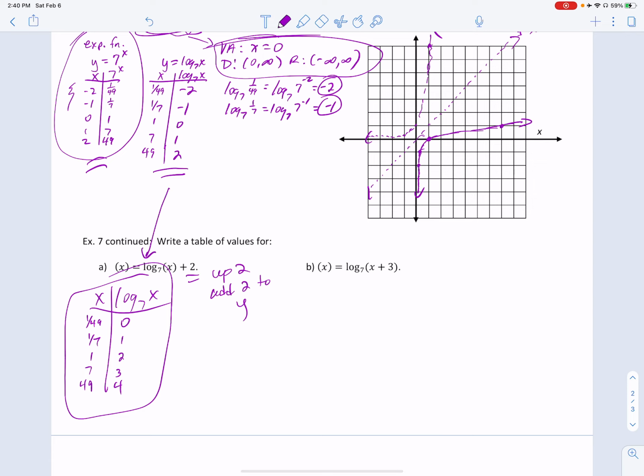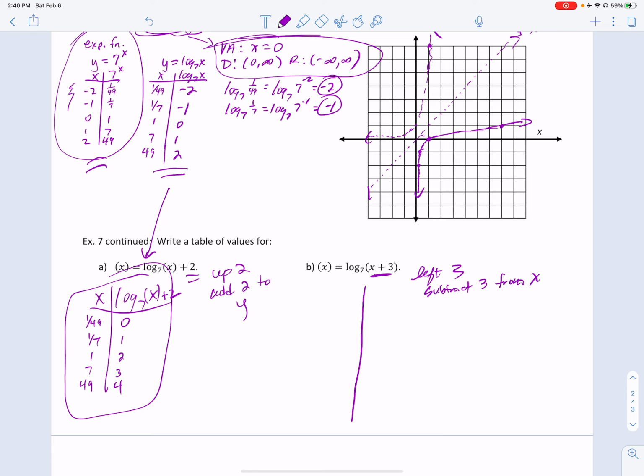So I just used that one because I already had it. Oops, I forgot to put +2, sorry. And then here, this moves it to the left 3, which means subtract 3 from all the x's.